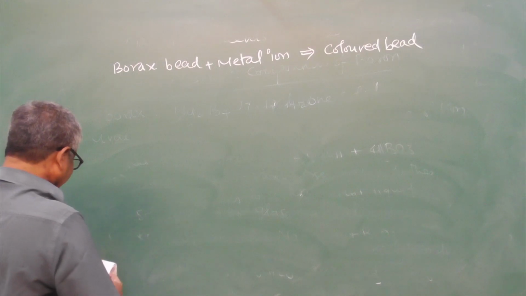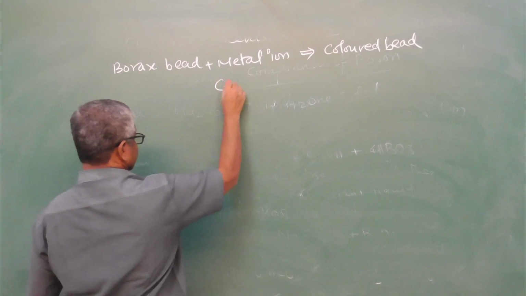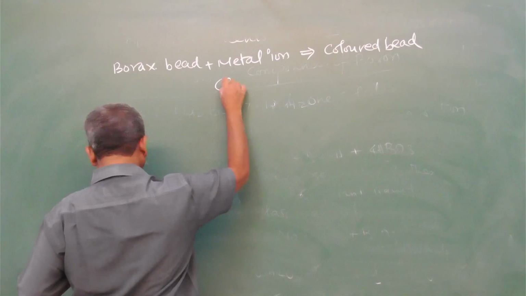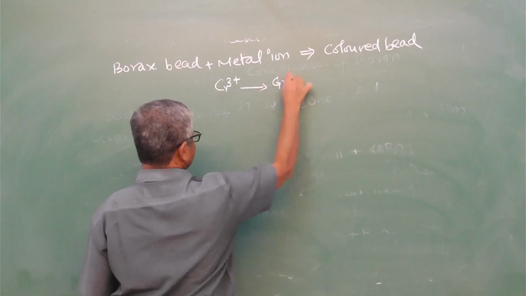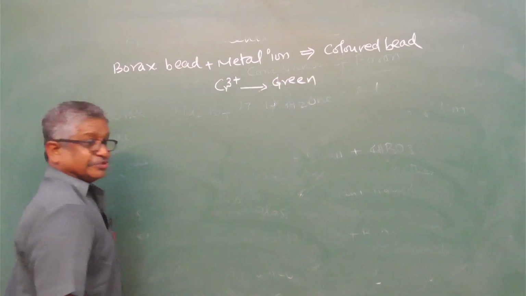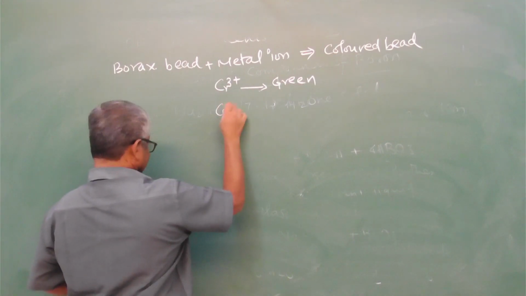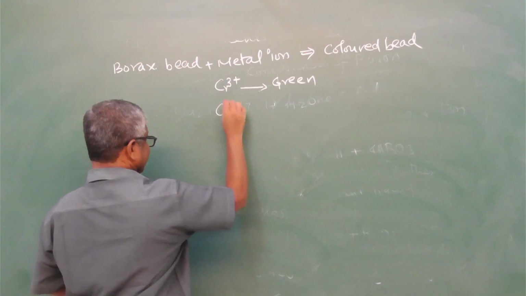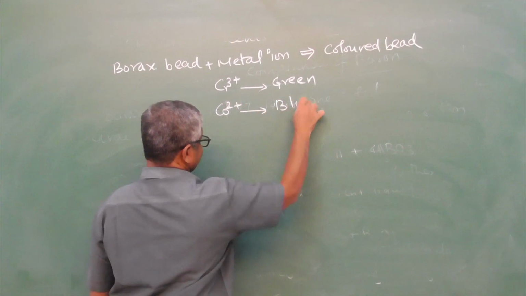Suppose the metal ion is chromium 3 plus, it gives green color to the borax bead. Cobalt 2 plus gives blue color.